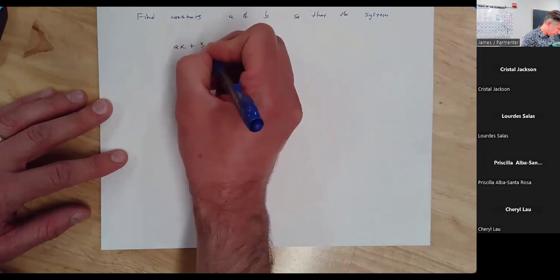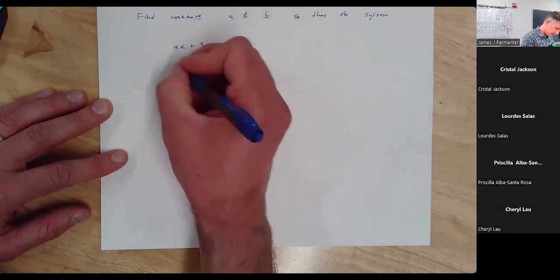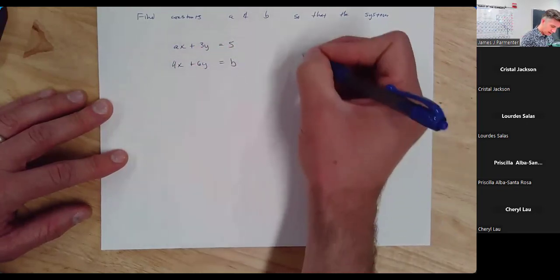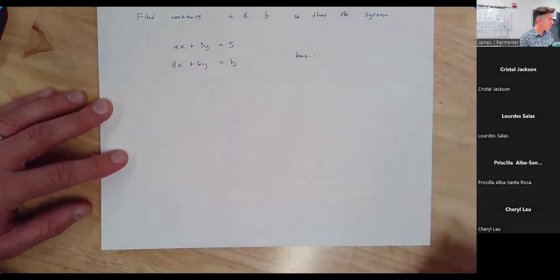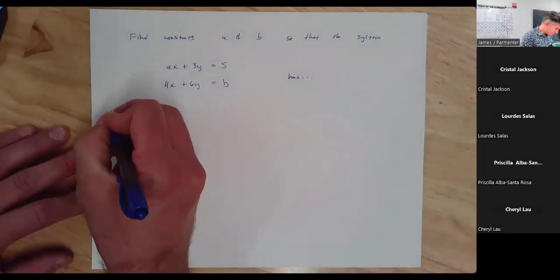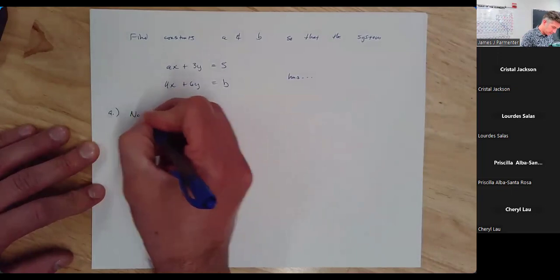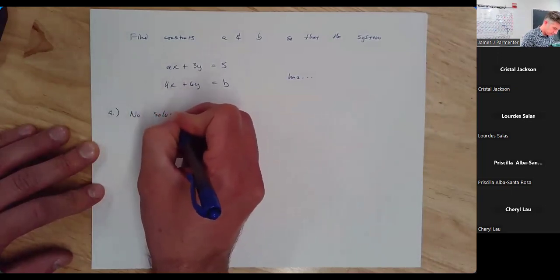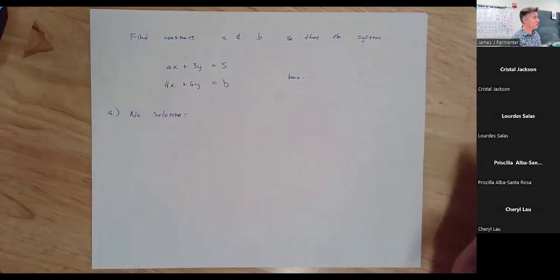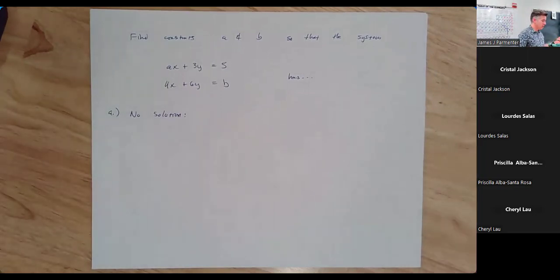ax plus 3y equal to 5 and 4x plus 6y equal to b has, and we'll do each of the 3 possible cases, no solutions. Okay, so to have no solution or infinite solutions, the determinant of the matrix has to be 0.